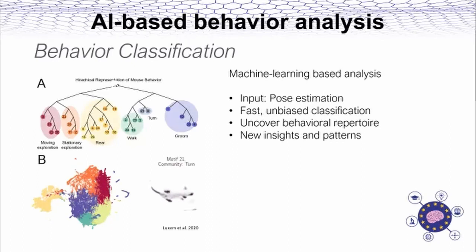In A, you can see a hierarchical representation of that same behavior map you see below, where a human rater then, in the last step, looks at these clusters and gives them a stereotypic name, or a definition that is very close to what we would use as human annotators when manually labeling. But what you can also see is, because this is a hierarchical representation, we are able to look at subgroups and their familiarity towards each other. So for example, in rearing, you see there are a lot of different subgroups, while in grooming behavior, there are few.